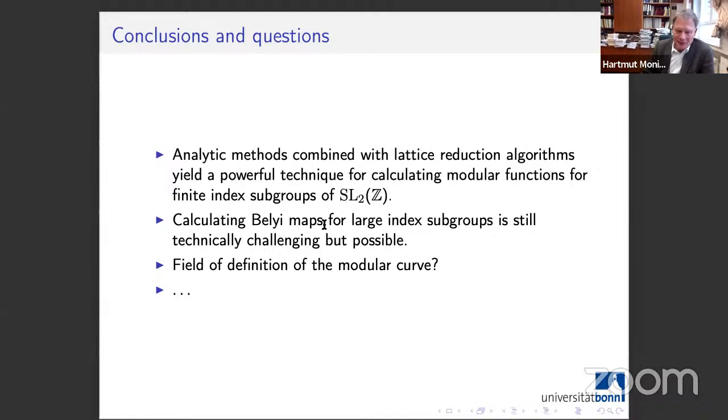The other point is that, as we all know, the field of definition of the modular curve is related to the mapping class group, and that is related to automorphisms of the Riemann surface by Dehn twists.